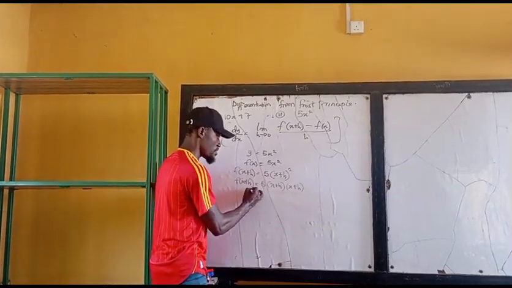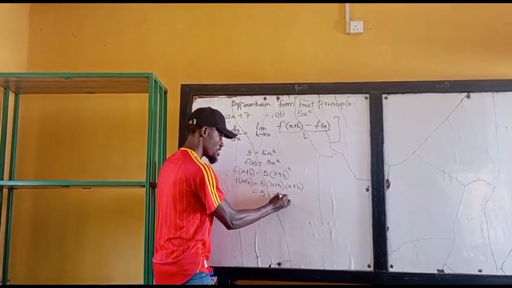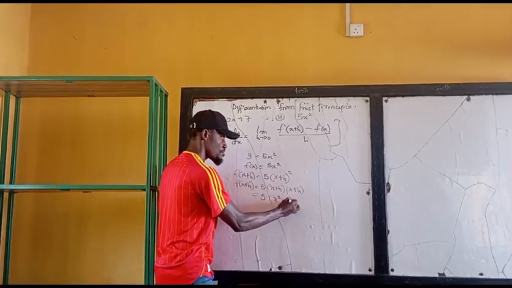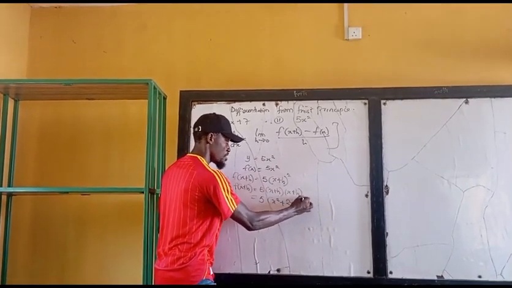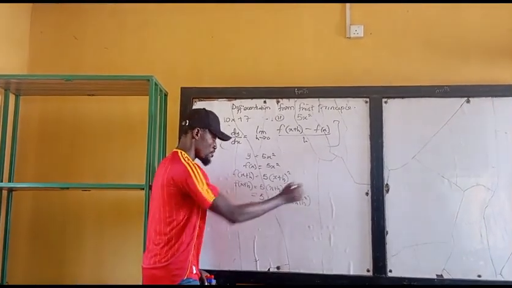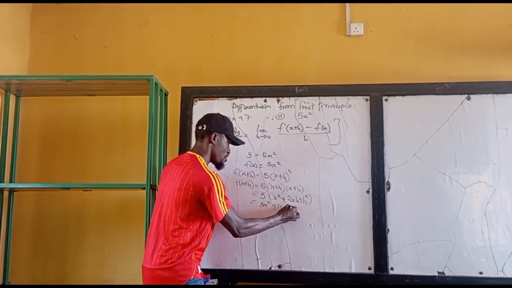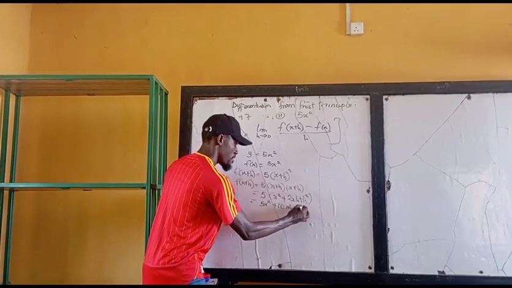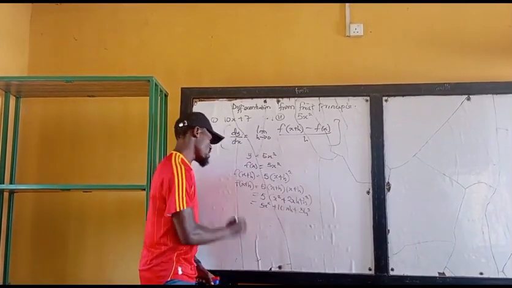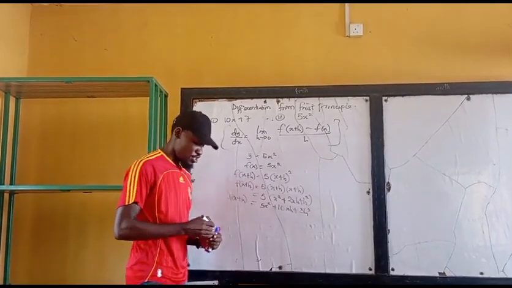Let's open the bracket. This times this, we have x squared plus 2xh plus h squared, close the bracket. Let's use the 5 to multiply through. We have 5x squared plus 10xh plus 5h squared. So this is my value of f of x plus h.